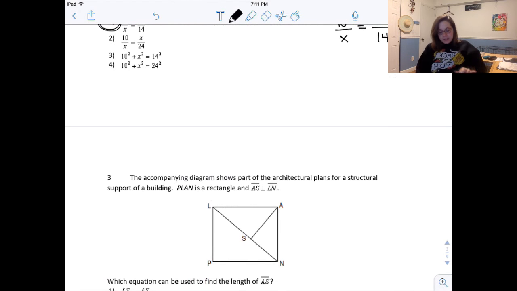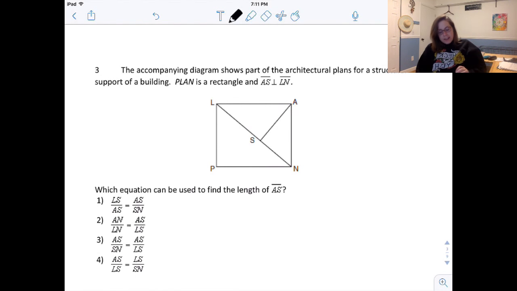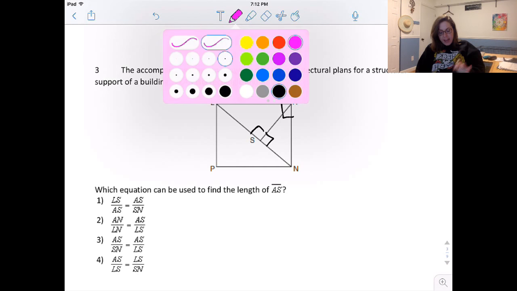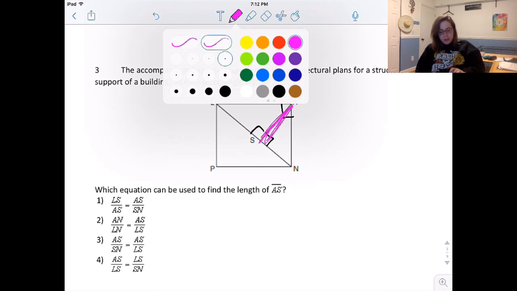All right. Next one. Again, send questions as you have them. All right, so this tells me that this is a rectangle, which means that's a right angle, and that these are perpendicular. So I know that's an altitude in the right angle. I want to find the length of AS. So here's AS. Let's color code our other 2 pieces.